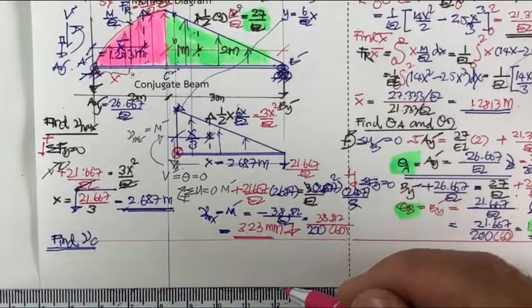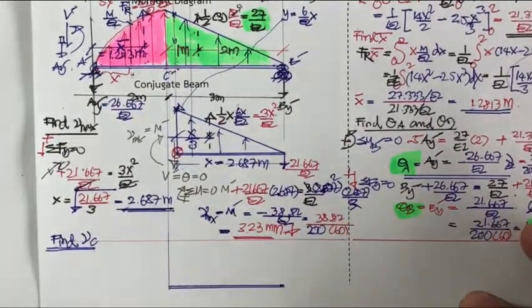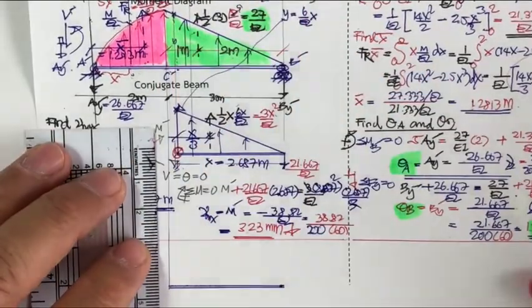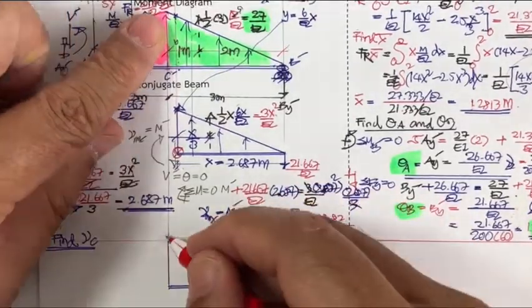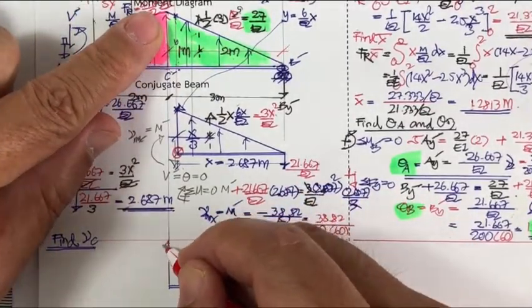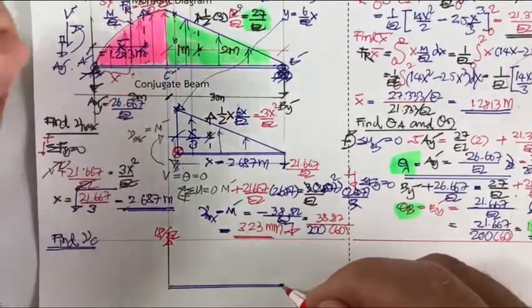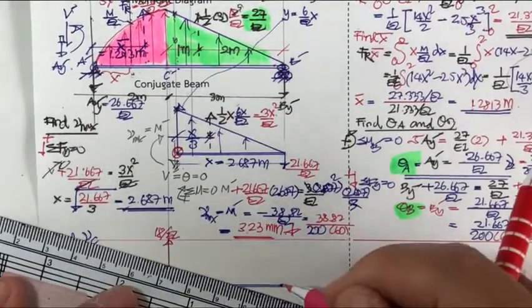Our free body diagram is going to be something like this, and this here is 18 divided by EI, all the way down here for 3 meters.